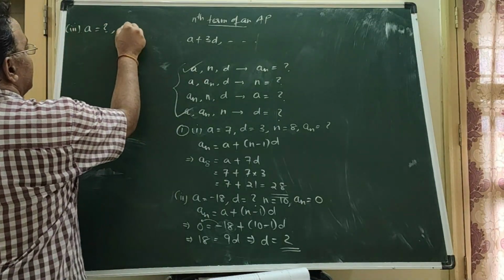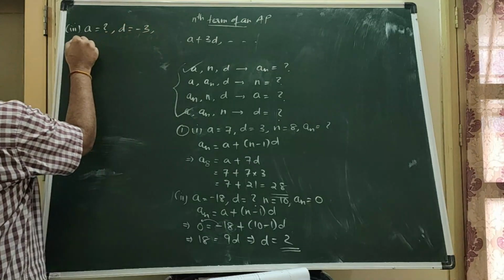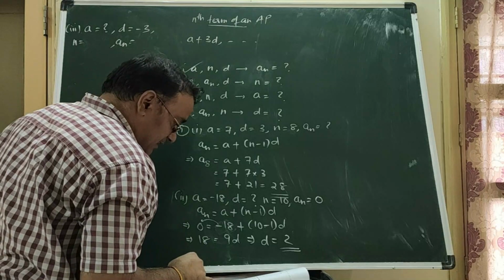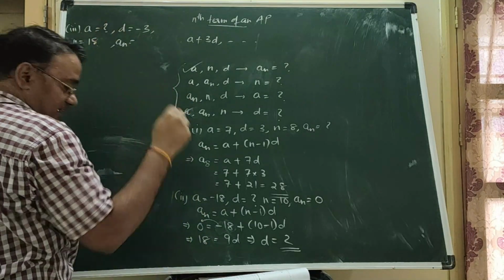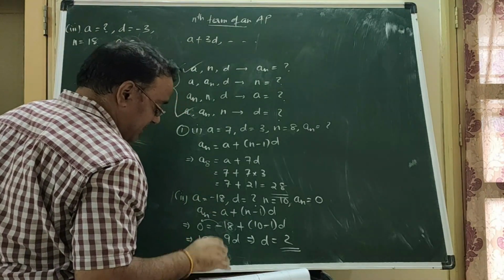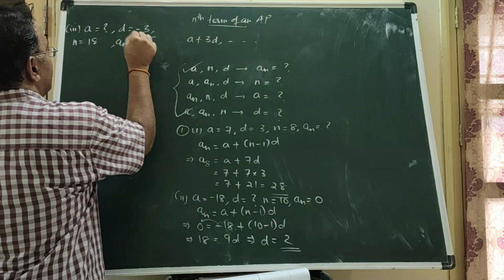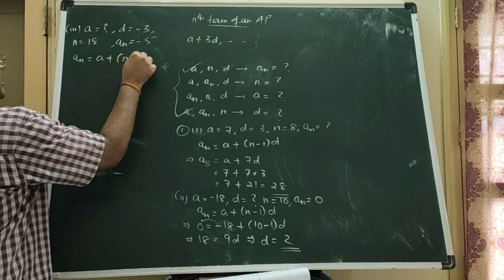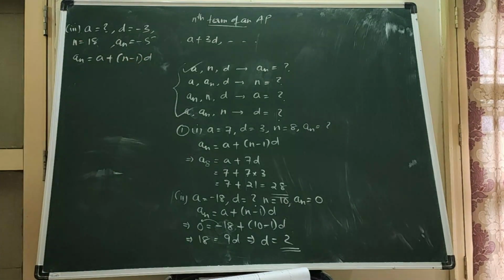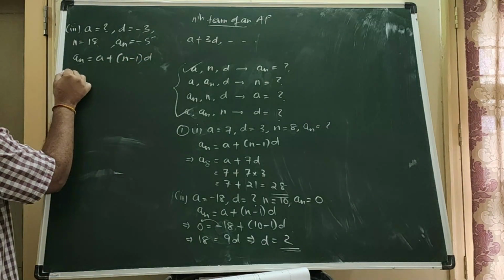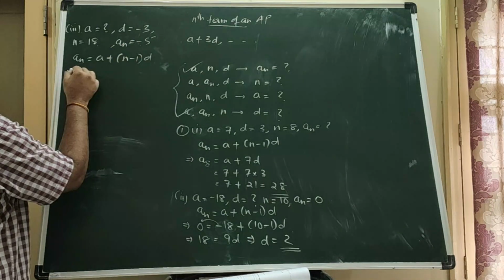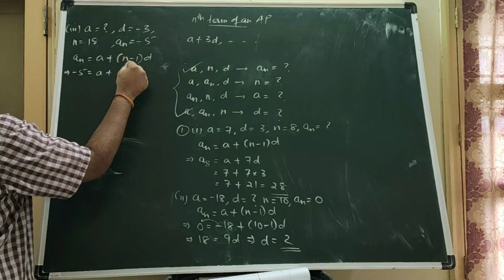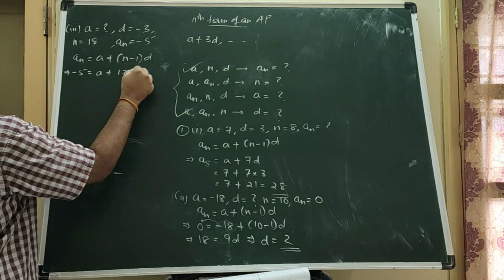And d is given minus 3 and n और an कितना दिया देखते हैं. n is 18 and an is minus 5. Okay, so we'll write the first formula. an is equals to a plus n minus 1 into d. Now we'll substitute all the values. an is minus 5, a we need to find, and n minus 1, that is 17 into minus 3.